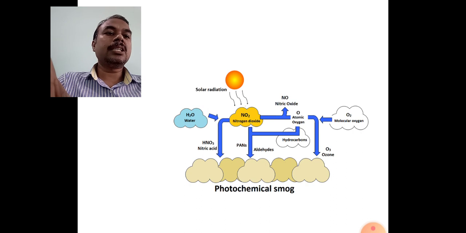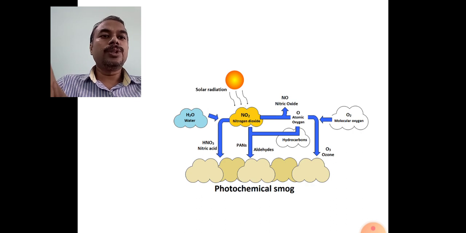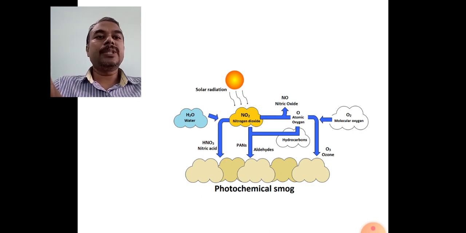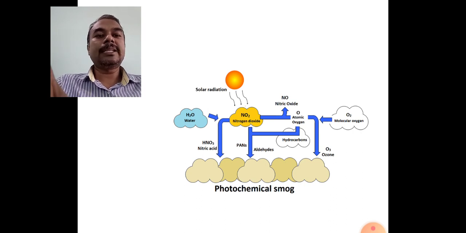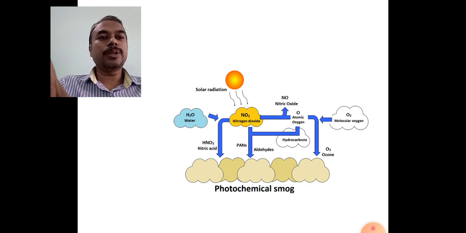This oxygen radical reacts in the presence of molecular oxygen to give ozone. In the same way, it reacts with hydrocarbon to give aldehyde and PAN. After that, when this nitrogen dioxide reacts with water to give nitric acid, a haze or smog is formed, and this smog is called the photochemical smog.